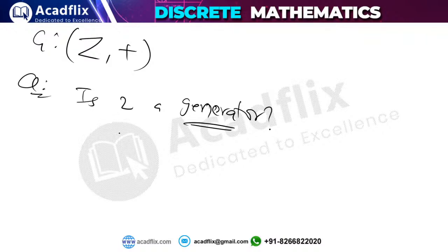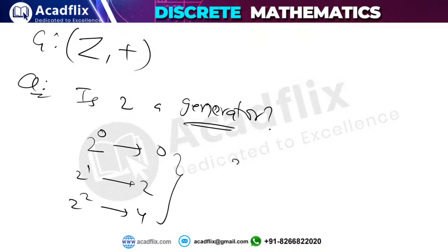So you can see this is not a generator. Why? Because from this 2 you cannot generate 1. For example, 2 power 0 will give you 0, 2 power 1 will give you 2, 2 power 2 will give you 4. So you can generate 0, 2, 4. 2 power -1 will give you -2, 2 power -2 will give you -4, 2 power -3 will give you -6.